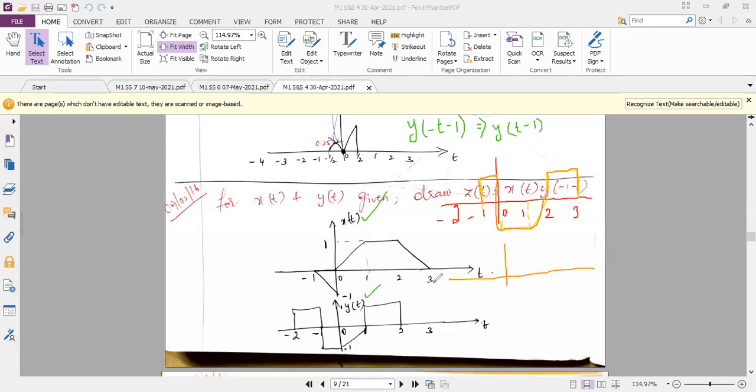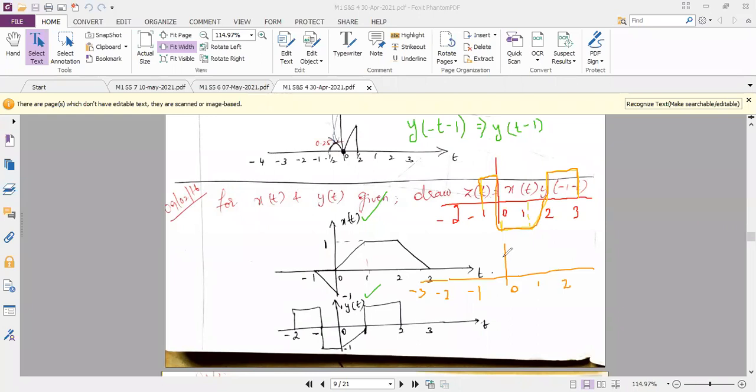For the graph, I will label the left hand side: minus 3, minus 2, minus 1, 0, 1 and 2. Let me just draw the graph.